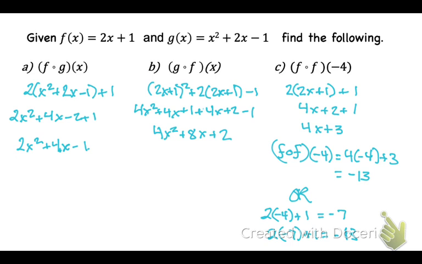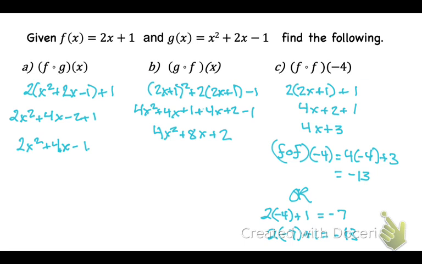Okay, the next one says F composed of F of negative 4. So 2 different ways. I did F composed of F first. So I put F into F. Distribute, simplify, so I got 4X plus 3. Then I plugged in negative 4 and got 4 times negative 4 plus 3, which is negative 13. Or I could put negative 4 into F and then put it back into F. So 2 times negative 4 plus 1 is negative 7.